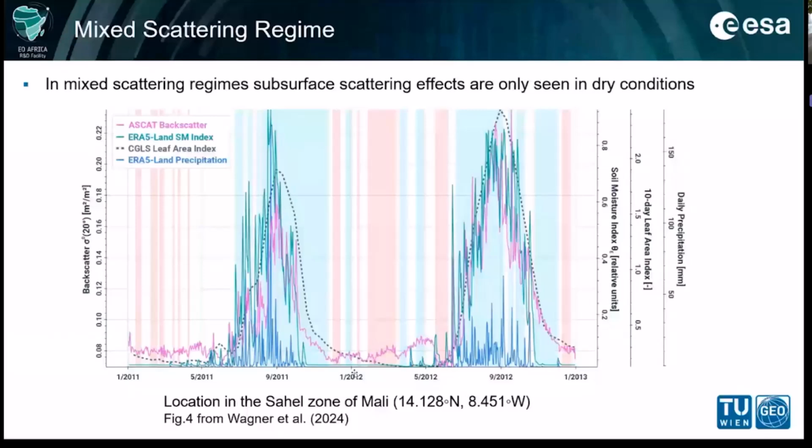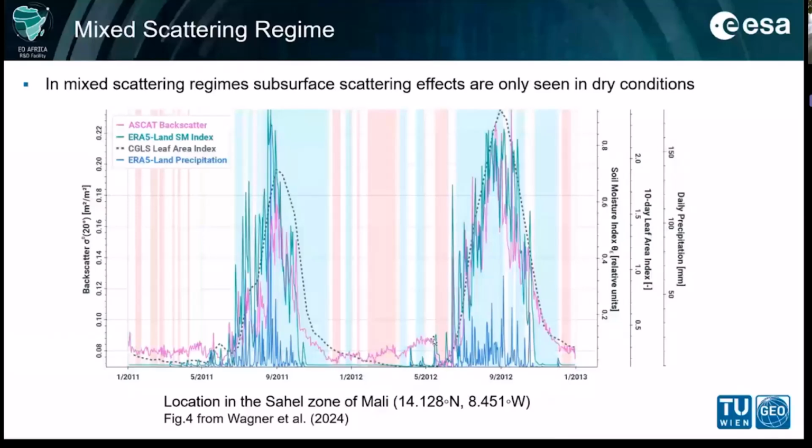What is more interesting for our purpose is the phenomenon that when I come into the dry season, the soil has really dried out, and I no longer see any signal in the model soil moisture data, but I see a certain increase in backscatter in the ASCAT measurements.